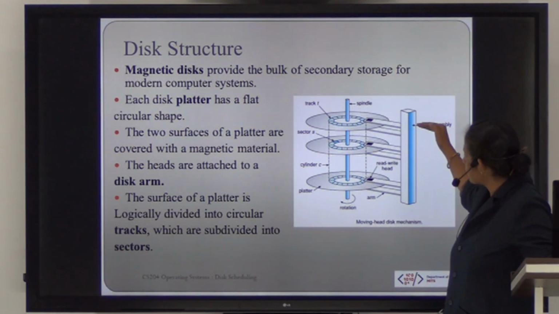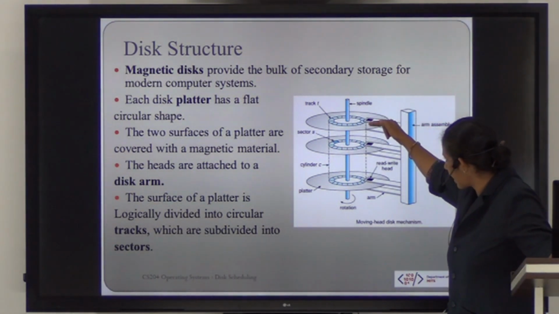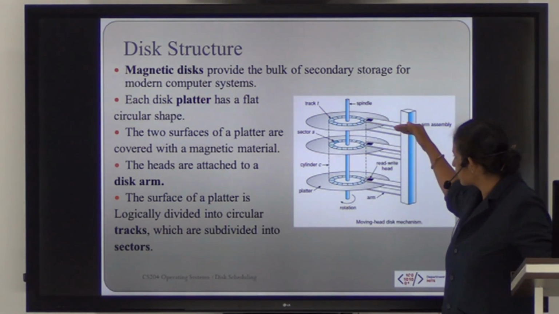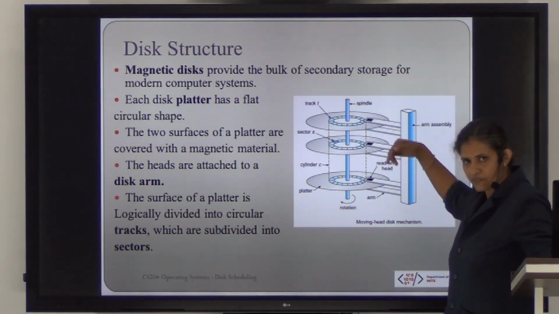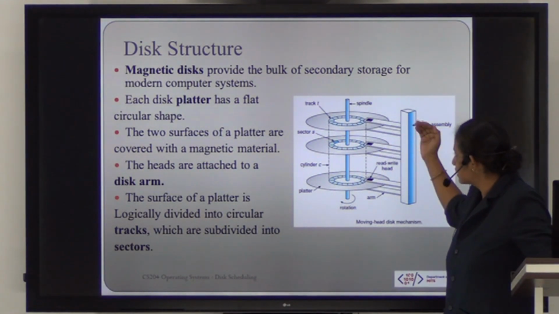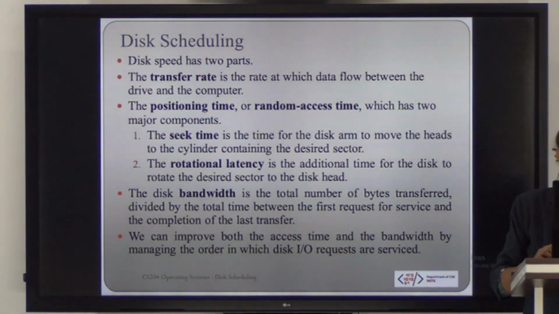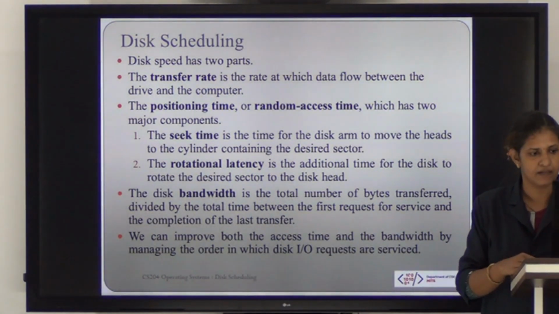The time taken for the read-write head to reach a particular track or cylinder is called the seek time. After getting to the particular cylinder, what is the next step? Find the sector. For that, the disk has to move rotationally. That is the rotational latency. It is the additional time for the disk to rotate to the desired sector.